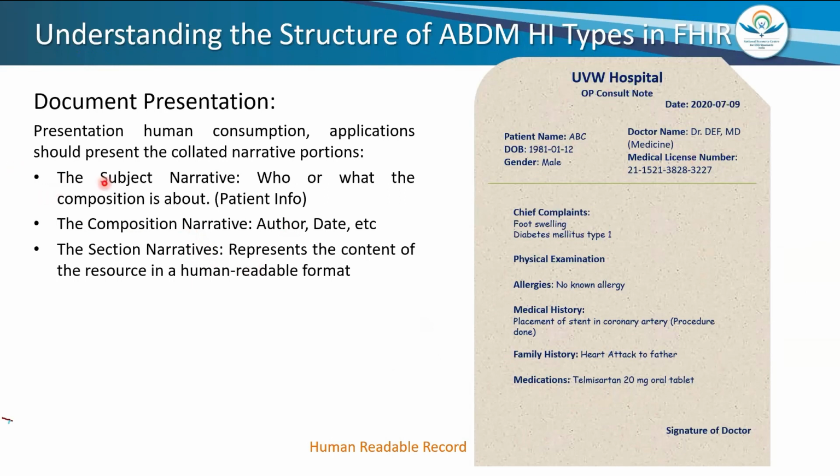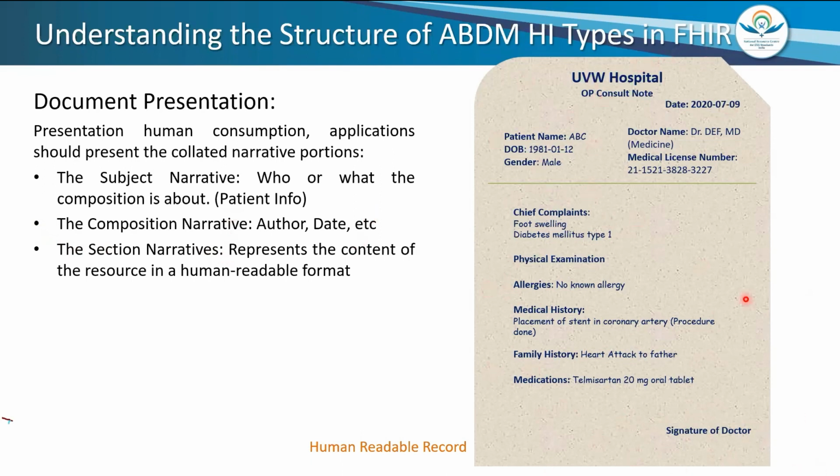So patient narrative is covered here. The composition narrative tells you about the author, or who generated it, being a practitioner, and their details. The bundle will have a signature of the author, which can be the signature of the doctor, and the section narrative, which is the actual content in a readable format, is recorded here. So this is how we have mapped. What we have done is reverse engineering, right?